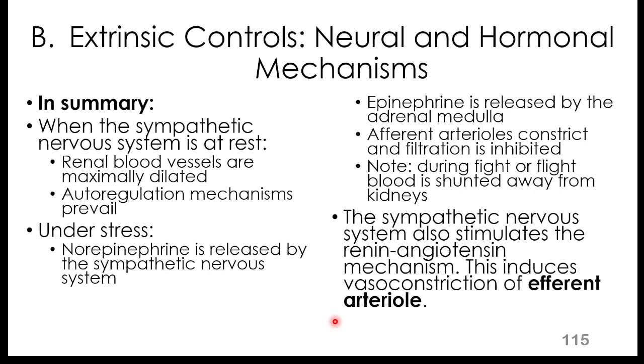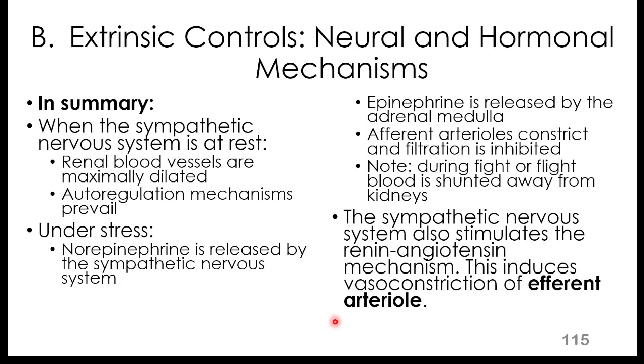Okay, so in summary, when the sympathetic nervous system is at rest, the renal blood vessels are maximally dilated and autoregulation mechanisms prevail. But under times of stress, norepinephrine is released by the sympathetic nervous system. Norepinephrine is released by sympathetic innervation within the kidney, and epinephrine is released by the adrenal medulla.